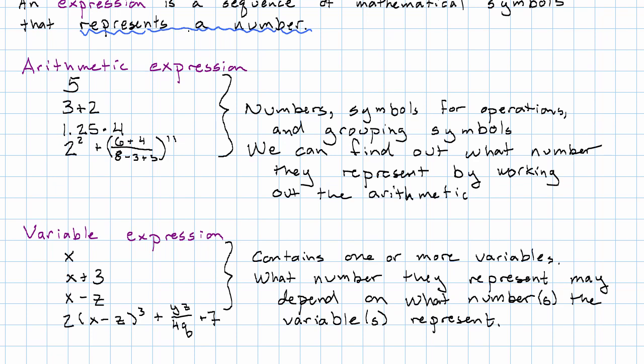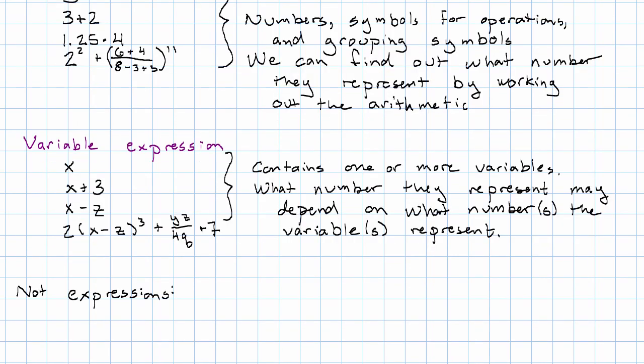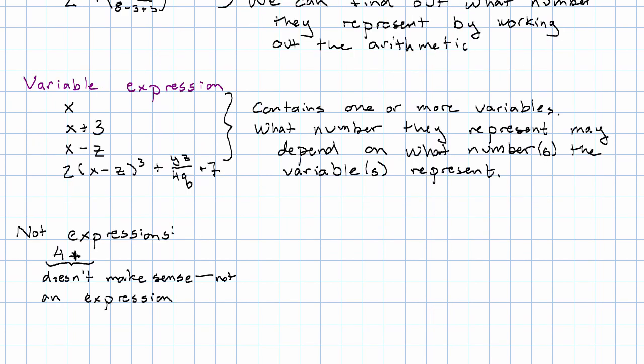Now, not everything we might write in algebra is an expression. If I were to write, for example, 4 plus and then stop writing, that's not an expression. That doesn't represent a number. Why not? Because it doesn't actually make sense. We would need to fill in something after the plus to make sense of it.